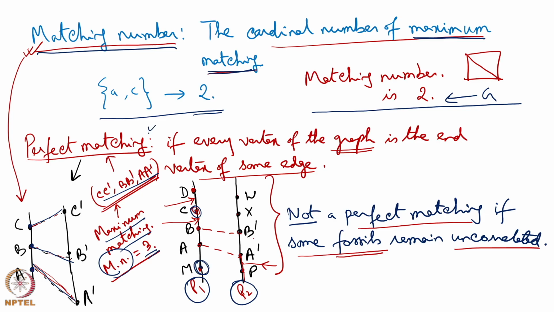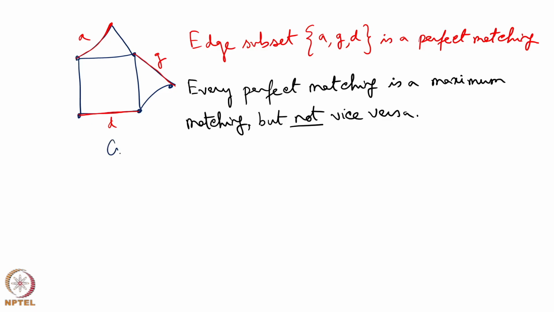Again, let us look at the definition of perfect matching. If every vertex of the graph is the end vertex of some edge, M is not the end vertex of any edge. Okay. Now, I draw this graph, and here the edge subset is A, G and D. This is A, this is G and this is D. Only the 3 edges I have given some symbol A, G and D, others I have not given because we are not discussing them.